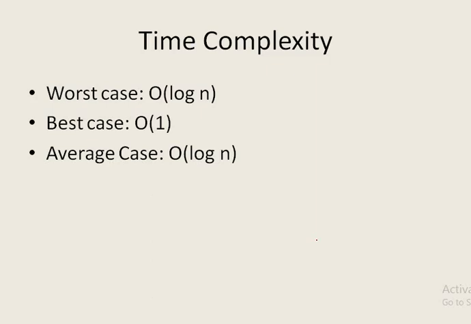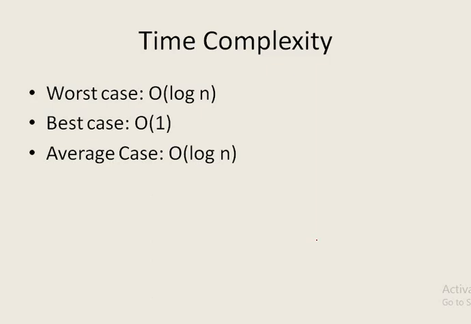So that is why in the worst case, the time complexity of this binary search algorithm is given as big O of log n. And in the best case, the element will be found at the first step itself. For that, the element should be residing at the middle position.